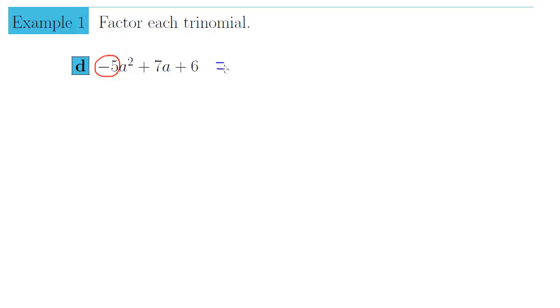What I mean is we're going to rewrite this trinomial by pulling out a negative sign. We're going to put a negative 1 in front of parentheses. And then ask ourselves, what trinomial do we have to put back in these parentheses to multiply out to negative 5a squared plus 7a plus 6?